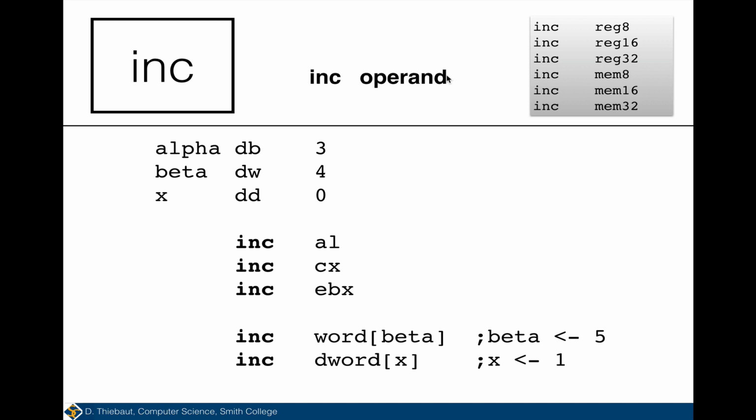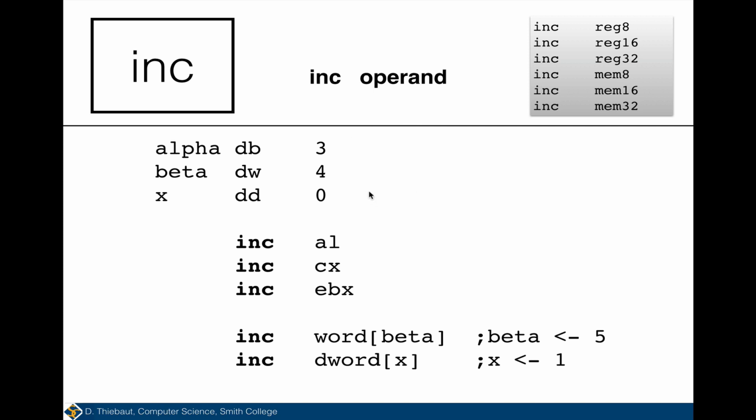INC has only one, and the operand can be a register, an 8-bit register, a 16-bit register, a 32-bit register, or memory as a byte, memory as a word, memory as a double word. So these are variables in memory. These are registers, any of the general purpose data registers, so that would be, for example, AL, could be BX, could be ECX.